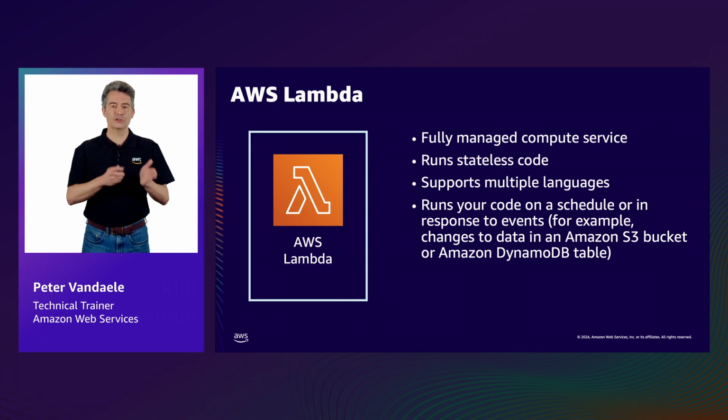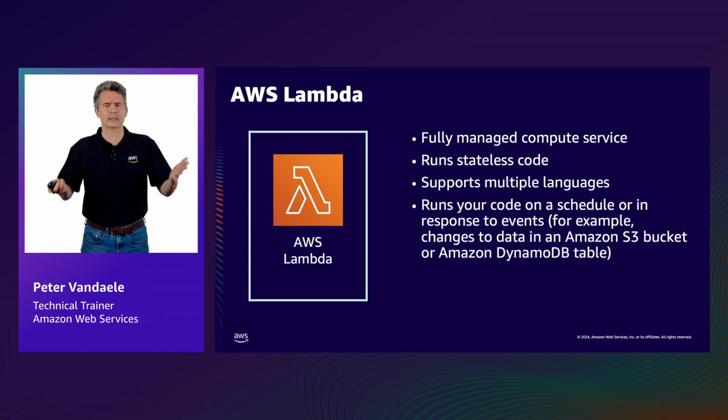Lambda is an event-driven architecture, which means it is triggered or executed in response to events. Or you could also run it on a schedule. Lambda gives us some great benefits. Lambda manages the execution and completion of the code. You don't have to worry about deploying infrastructure or anything.